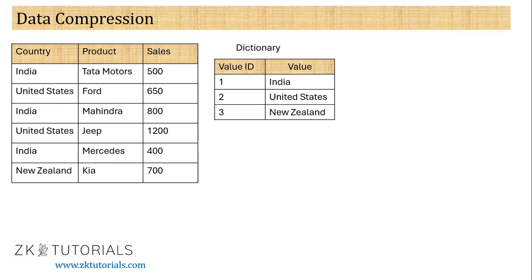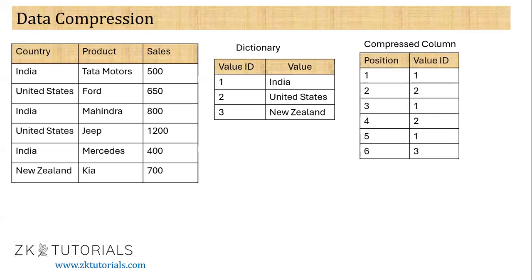You can see here, in the compressed column, position 1 value ID is 1, position 2 value ID is 2, position 3. So you can see the values got replaced by value IDs.